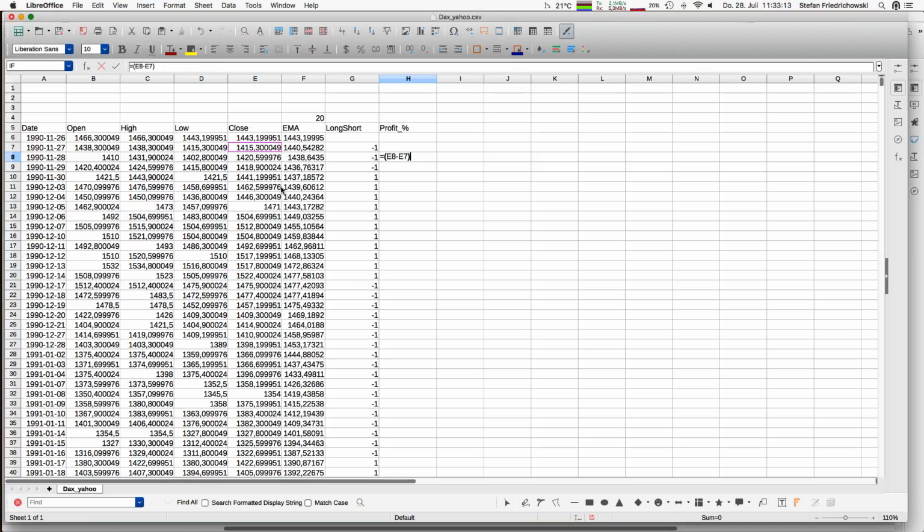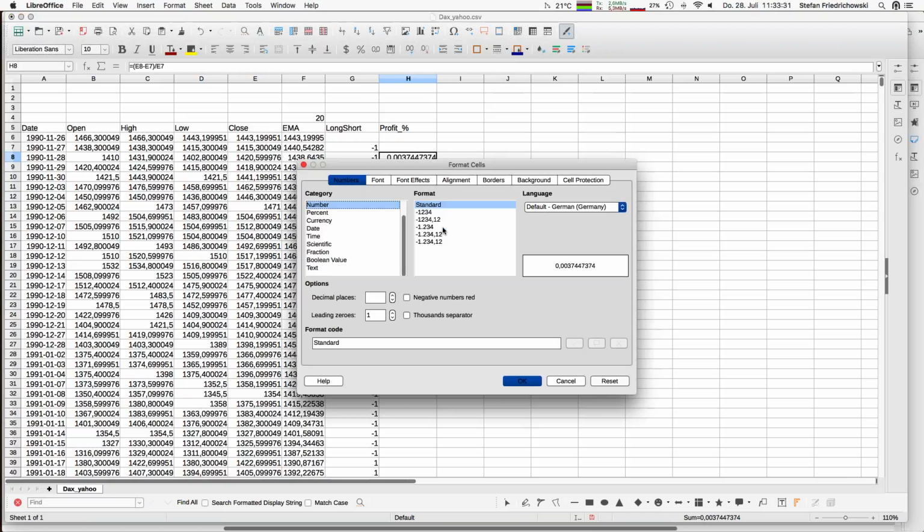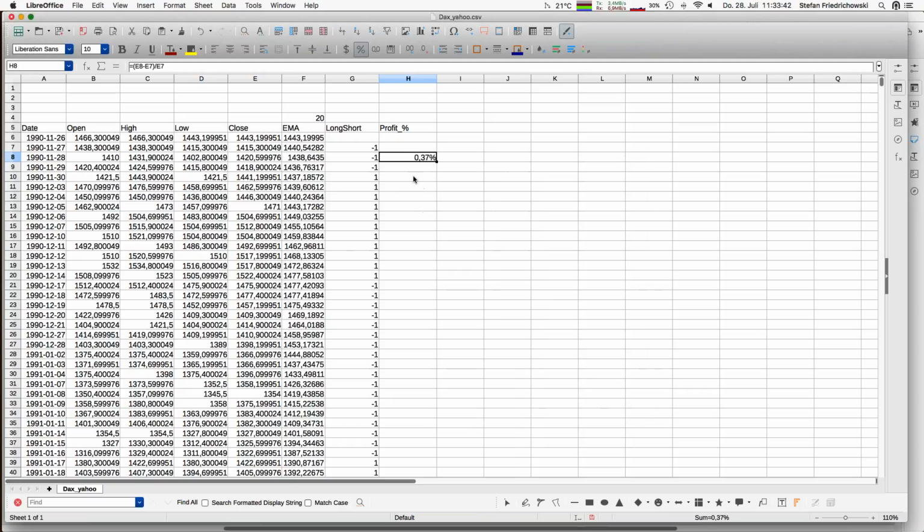And since we want to have this in percent, we divide once again by the close value of the previous day. So up to now, this is only the percentage-wise change from one close to the other close. So in this case, we know, okay, there has been a 0.37% increase in the DAX value.